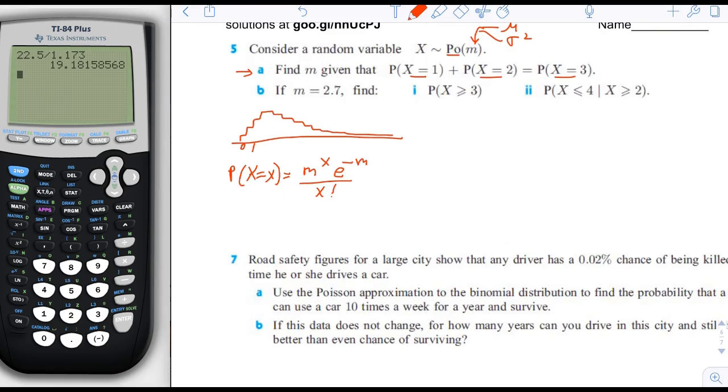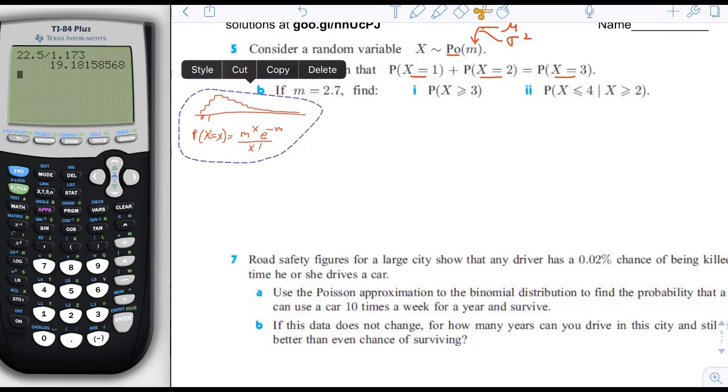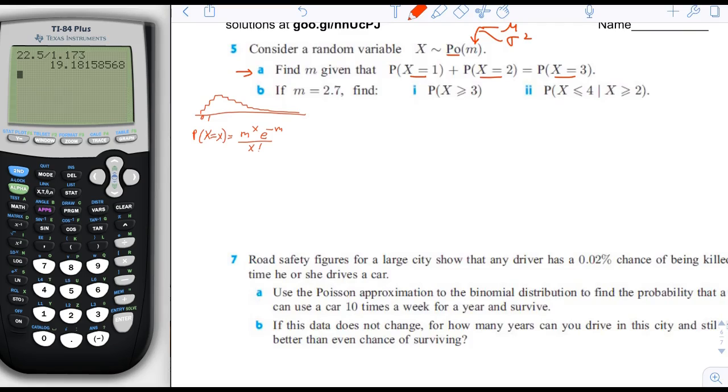So let's write this expression for 1, 2, and 3, and then we'll set them equal to each other. The probability that x equals 1 would be m to the first, e to the negative m, over 1 factorial, which is just 1.